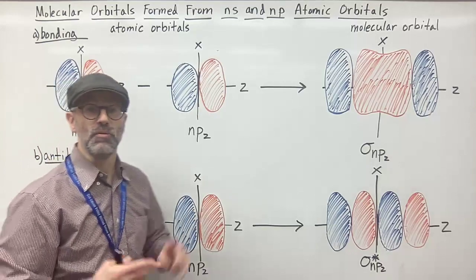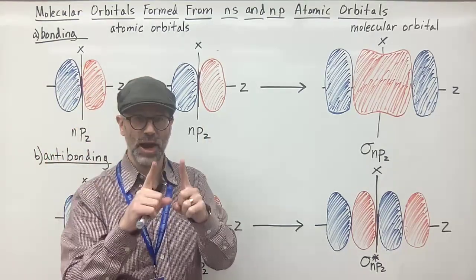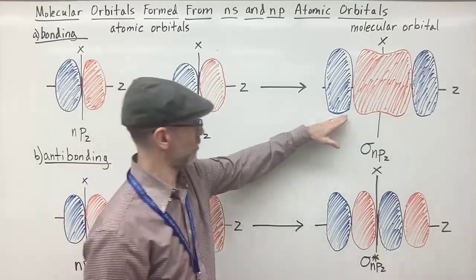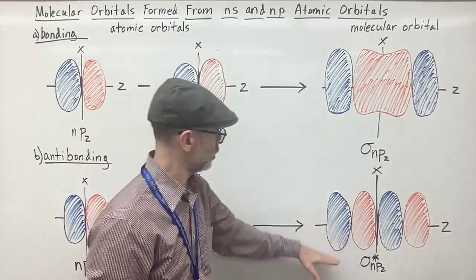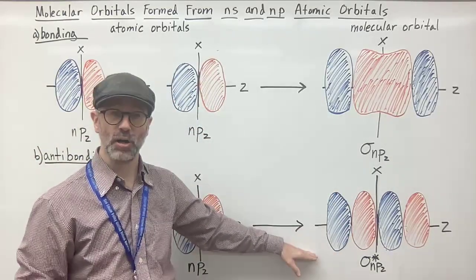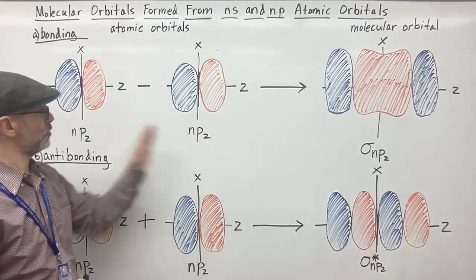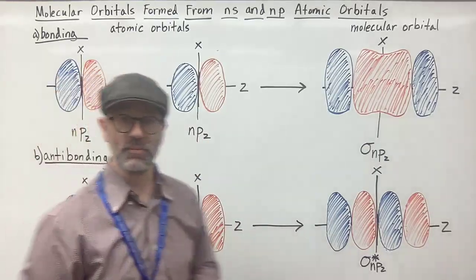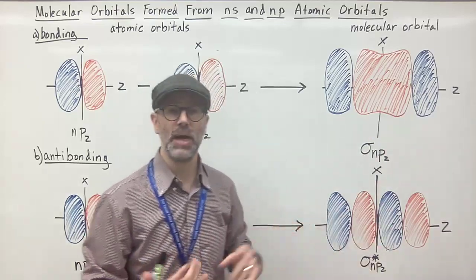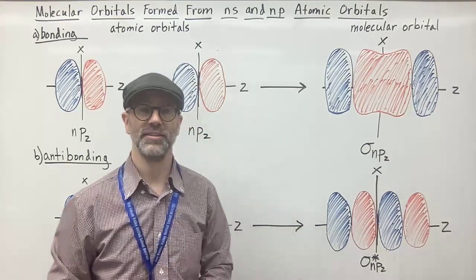When you have two atomic orbitals that interact with each other, you get two molecular orbitals, and these are the two molecular orbitals that form from the two p orbitals on the two atoms. And so that's it for the PZ, but we haven't really talked about PY and PX. So let's talk about those next.